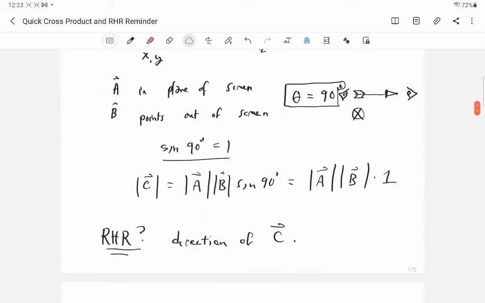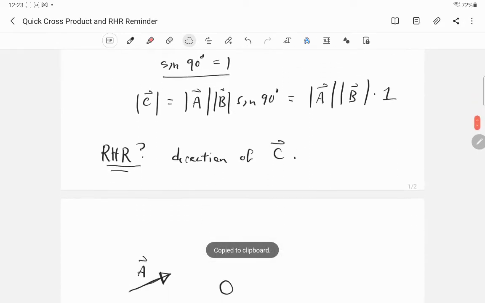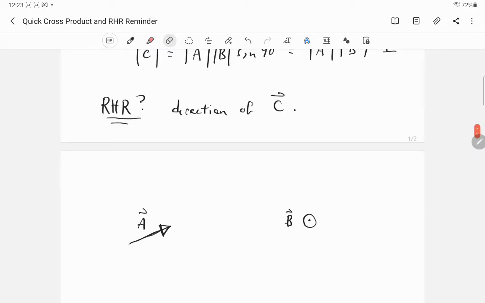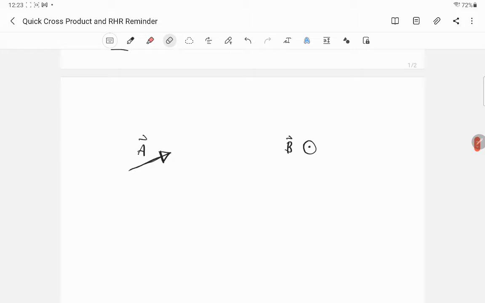No, I guess it didn't. Interesting. Oh, here we go. So copy, and I'll paste here. Okay, not sure why I wasn't able to copy everything over, so here are the two vectors again.